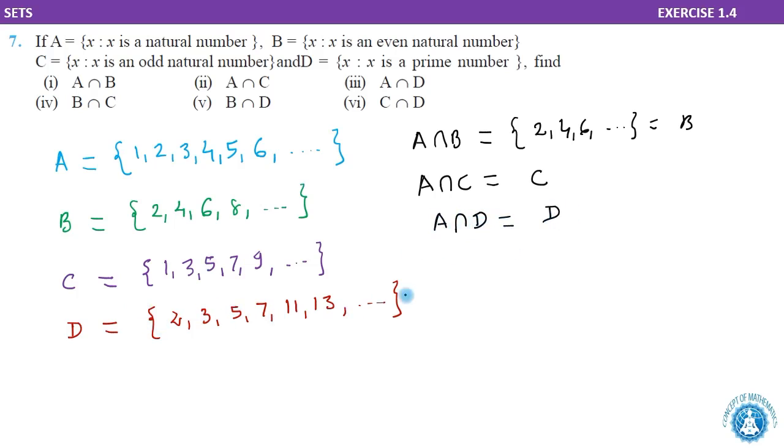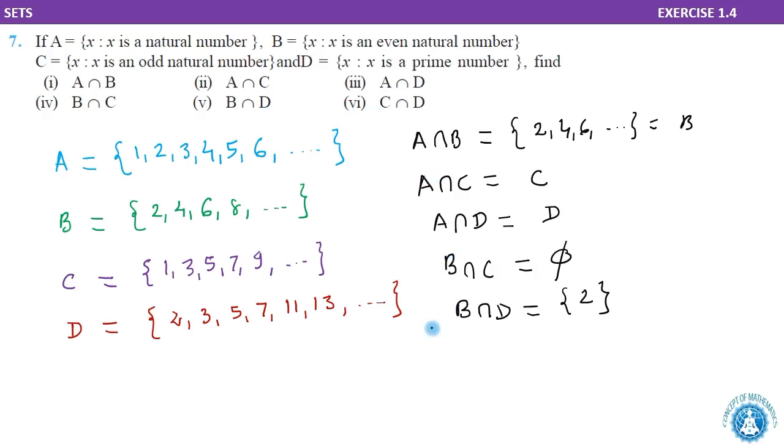And B intersection C: B is the set of even numbers and C is the set of odd numbers, so it would be the null set. Next is B intersection D: even numbers and all prime numbers, only one even number is prime, so it would be 2.